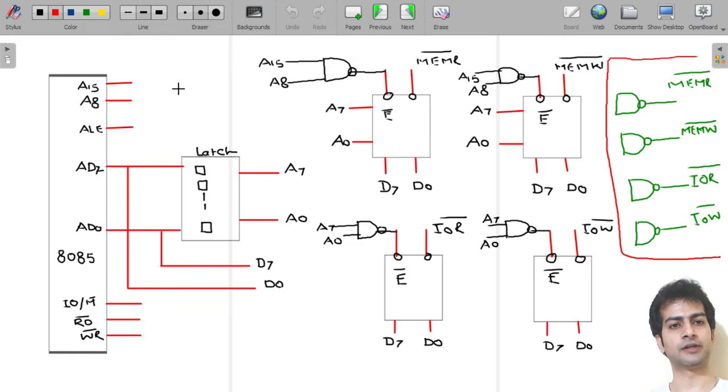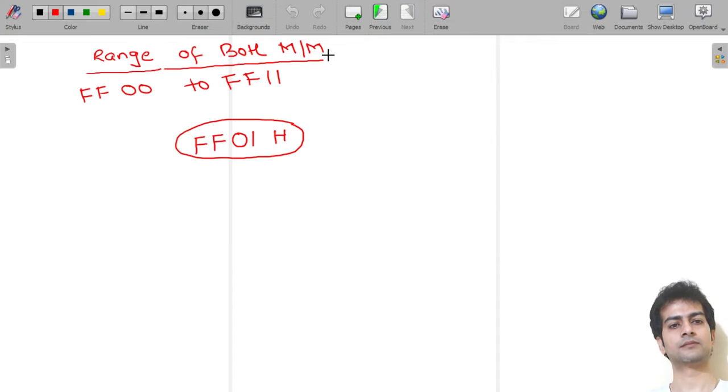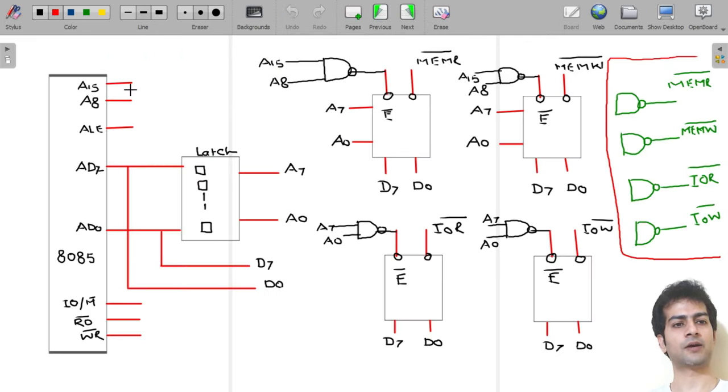I told you earlier that the higher bits will come at the higher order address lines.